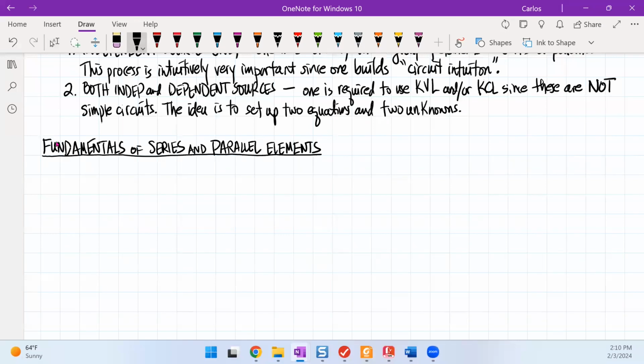So here are some important details. One, wires in a circuit are equipotentials.